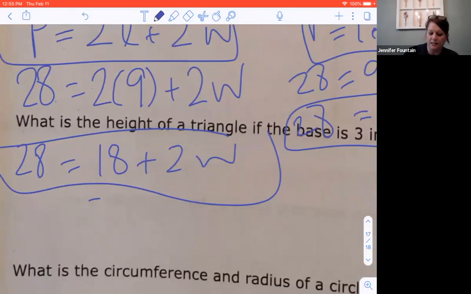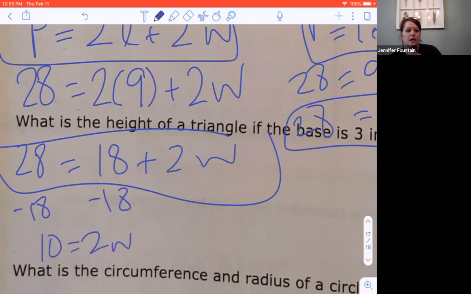So that means I'm going to need to subtract 18 from each side, and 28 minus 18 is going to be 10 equals 2W. So the first thing I had to do was undo my addition by using subtraction, or move a positive number from the right to the left. To move a positive number, I have to subtract it.